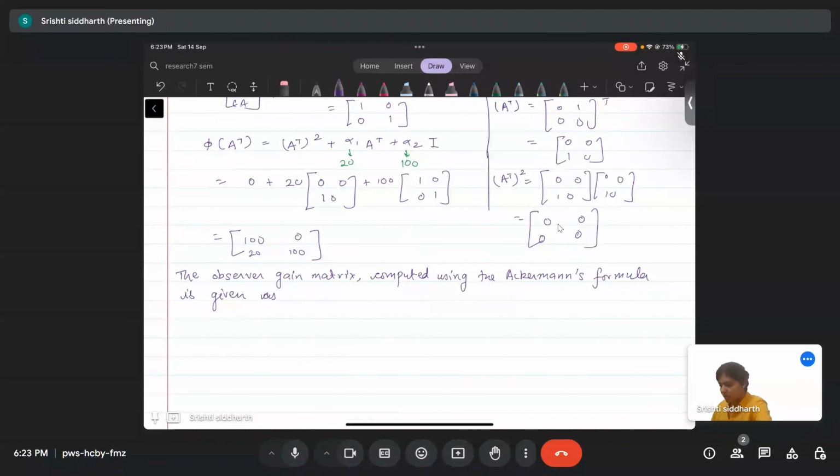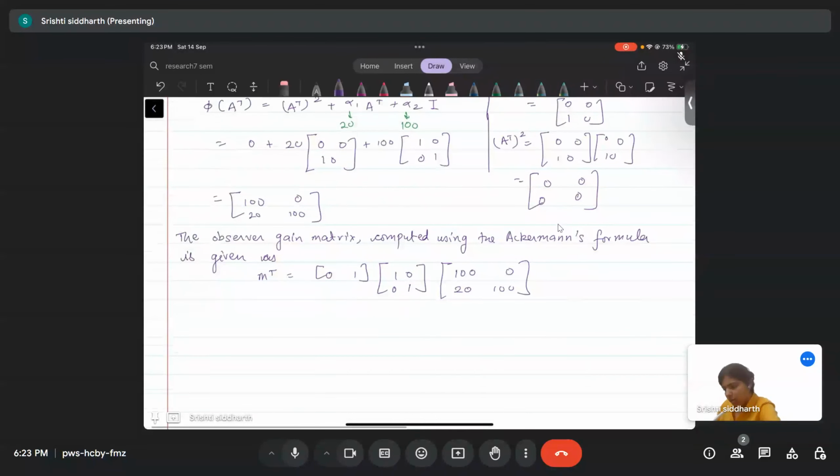M transpose is equal to 0 1, then we have U inverse, which is identity, and then we have the equation from the Cayley-Hamilton theorem for A transpose, so 20 and 100. So this is simply 20 and 100. This implies that the gain matrix that we're talking about is 20 and 100.